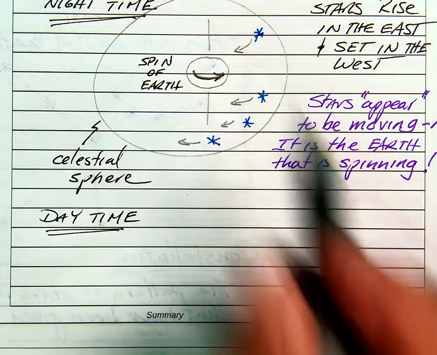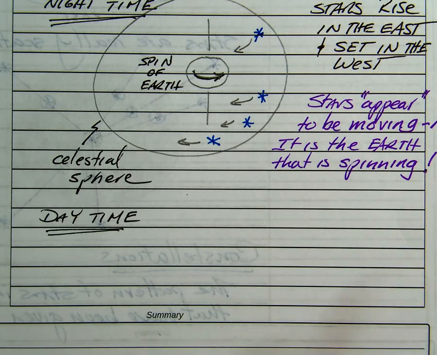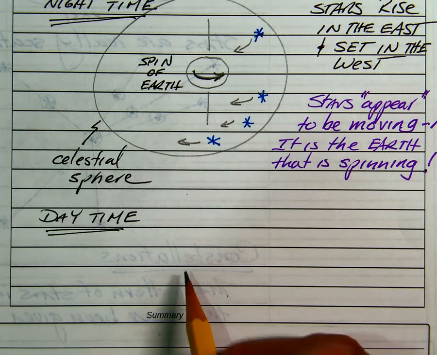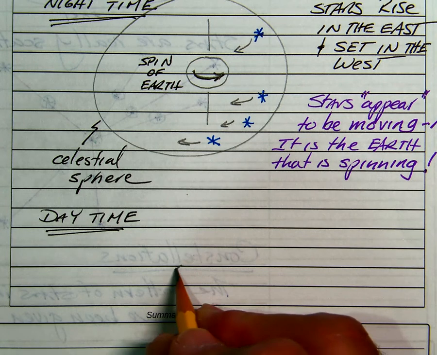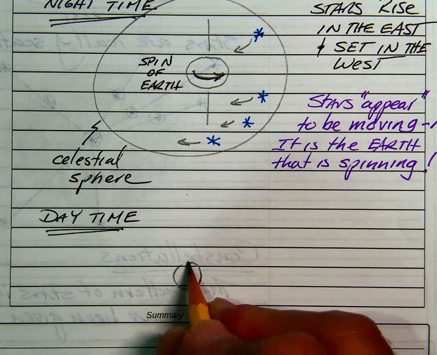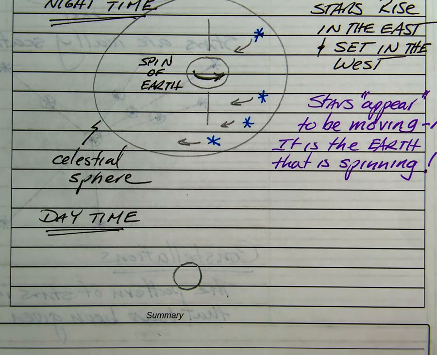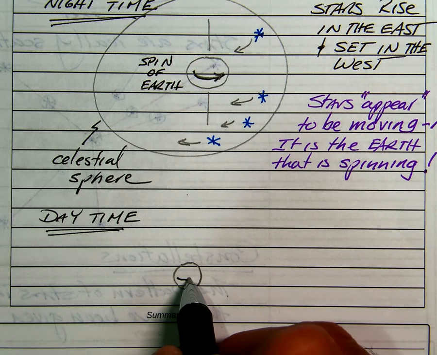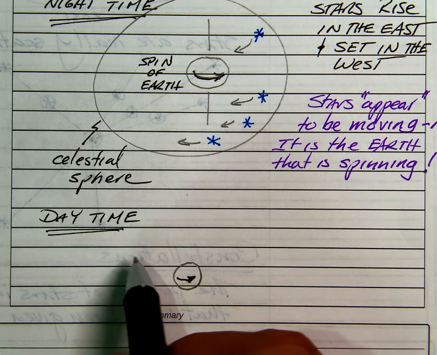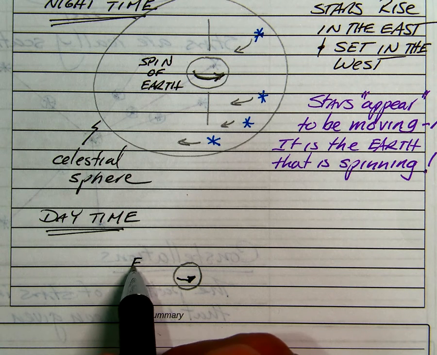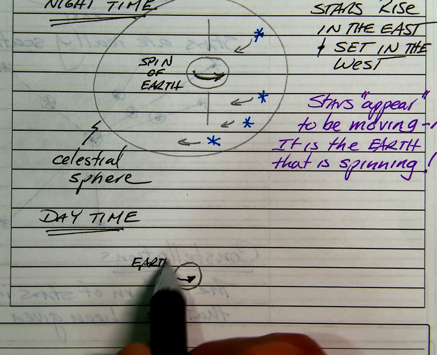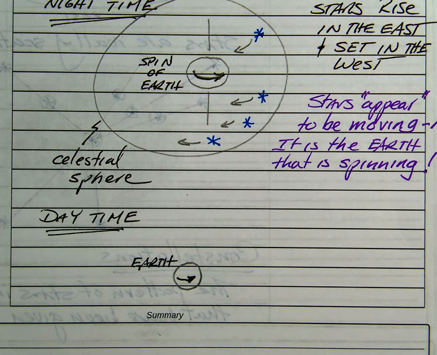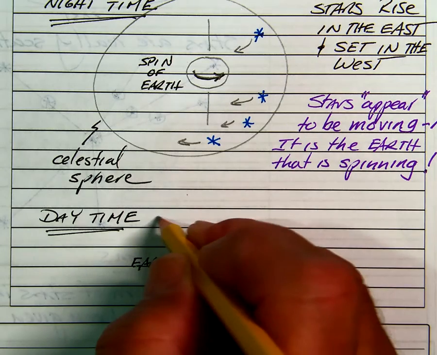Nighttime up here. Daytime, the same situation occurs. You basically have the Earth spinning this way. And here is the celestial sphere.